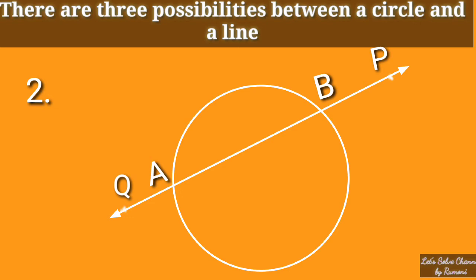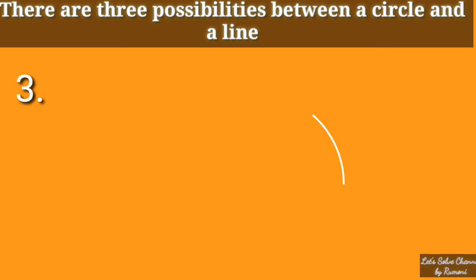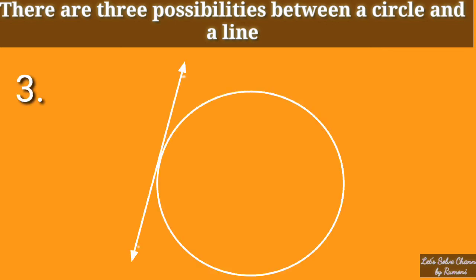We call the line PQ a secant of the circle. Number 3, there is only one point A which is common to the line PQ and the circle, and in this case the line is called the tangent to the circle.